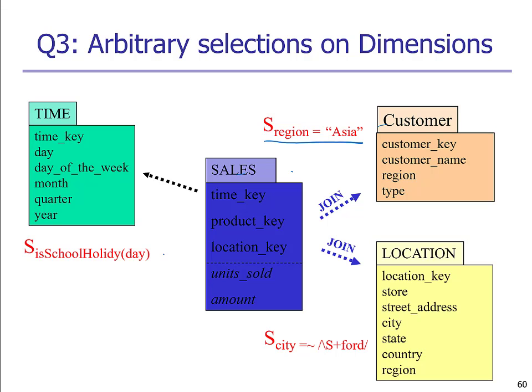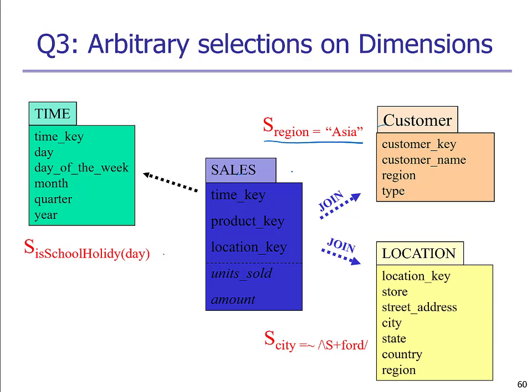But if we consider all the conditions together, the selectivity is expected to be much higher. That is the observation, right? If we just want to find how many sales there are within the region Asia, we may have a lot of transactions.